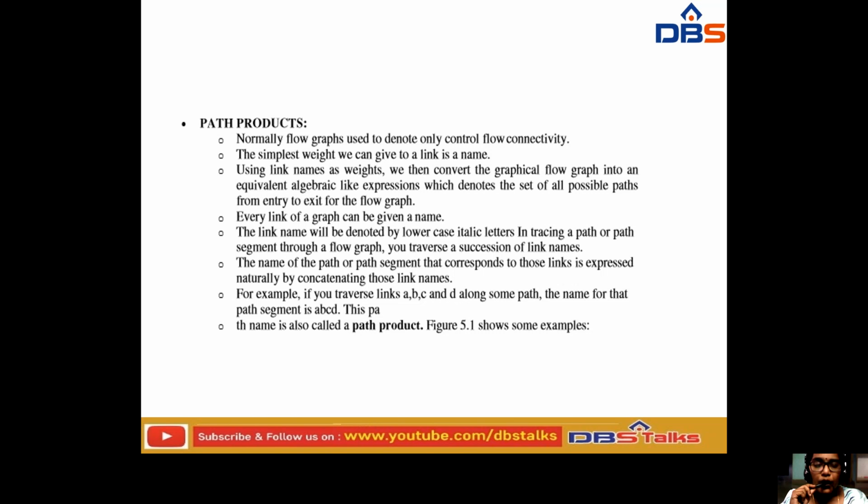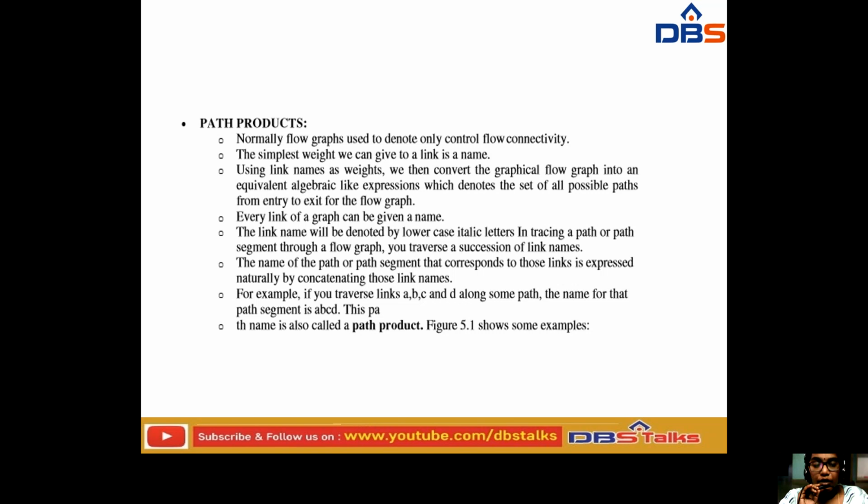Each and every link of the graph can be given some name, denoted by lowercase or italic letters, in tracing a path or path segment through a flow graph, so that we can traverse a succession of link names, such that the name of the path or path segment corresponding to those links is expressed naturally by concatenating those link names.